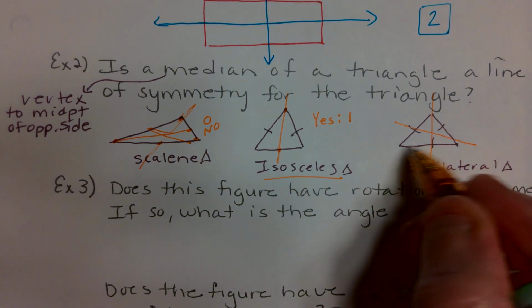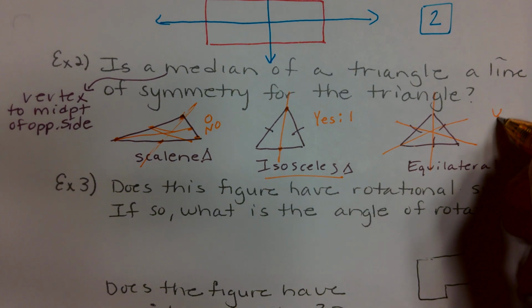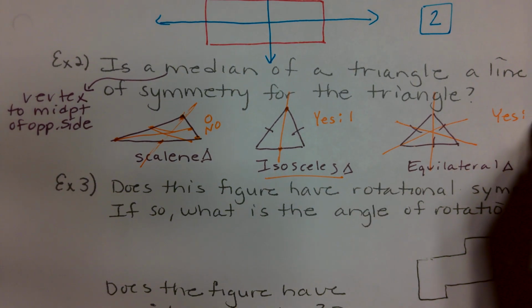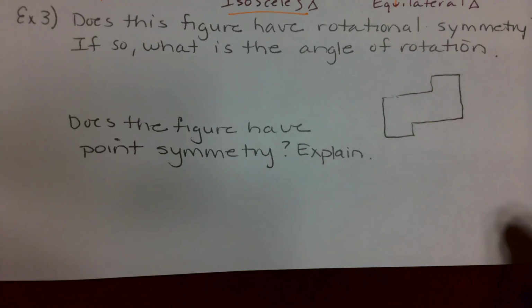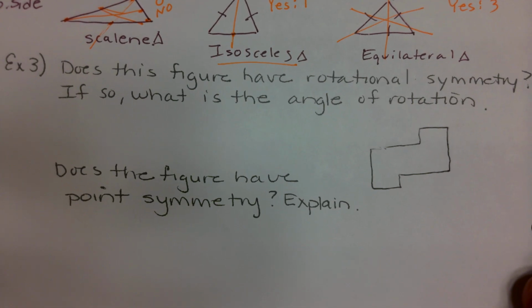Correct, there are 3. So yes, again, pretending I drew it accurately, there are 3. It does not look like 3 because my triangle is drawn terrible. But if you had a perfect triangle, you would be able to fold it over that median and it would perfectly line up. So my apologies. I will not get the art award this year.